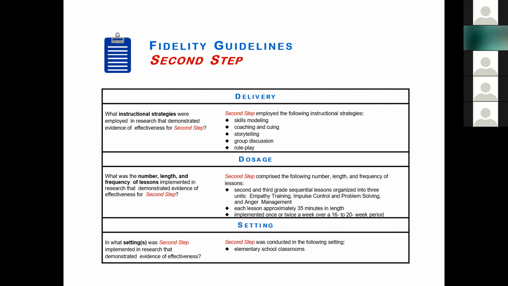So those lessons have to be done in order. Each lesson is approximately 35 minutes, and they should be implemented once or twice a week over the 16 to 20 week period.